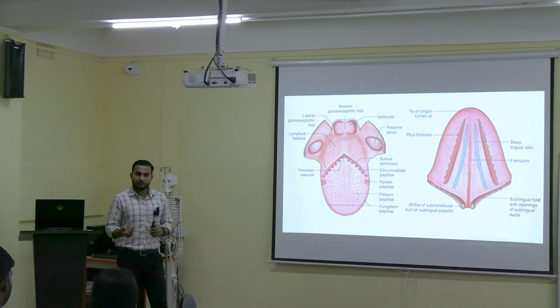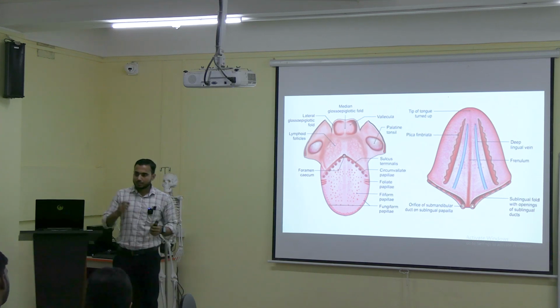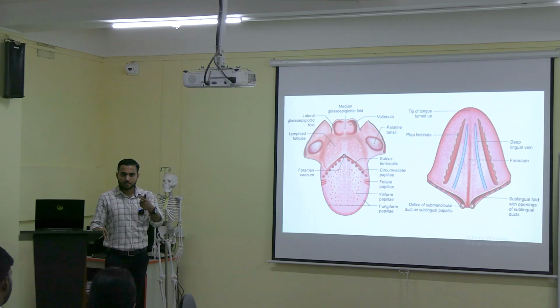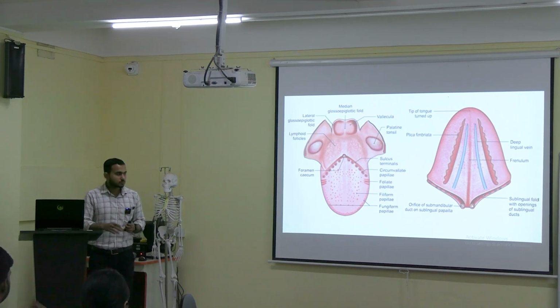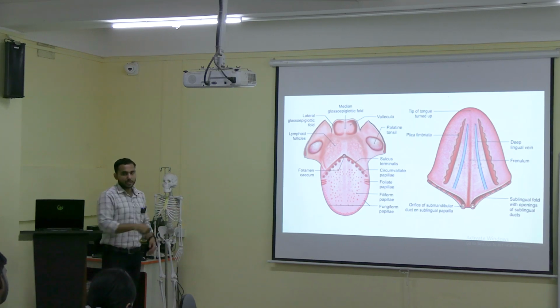During intrauterine life a duct passes through this area, that's why the foramen is present. After birth that duct regresses, that's why a pit or depression is there. The duct which is passing is called the thyroglossal duct, you will study this in embryology.